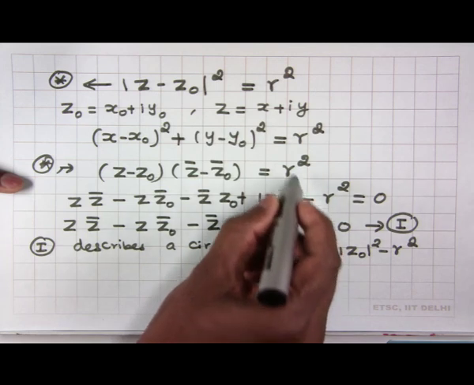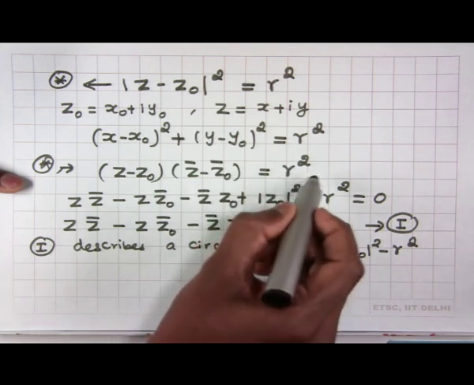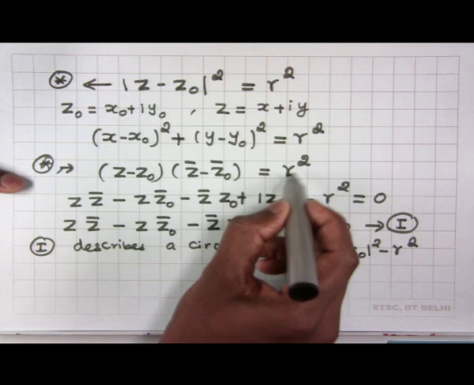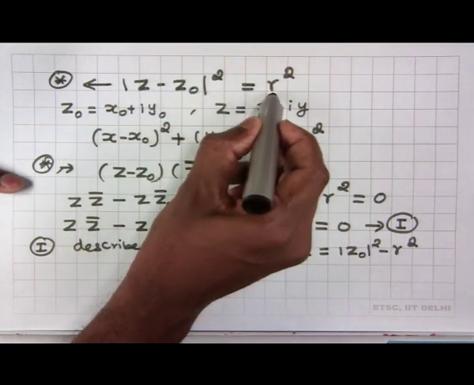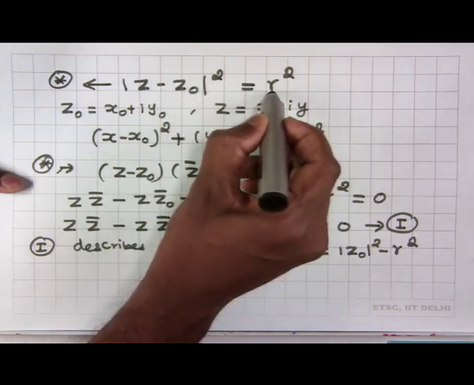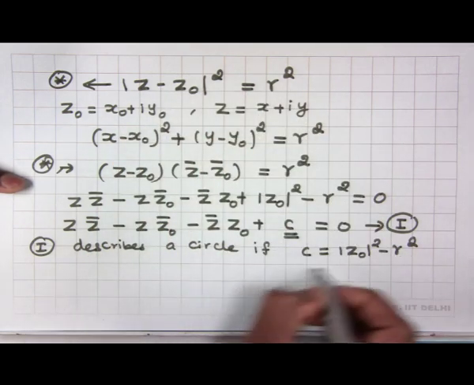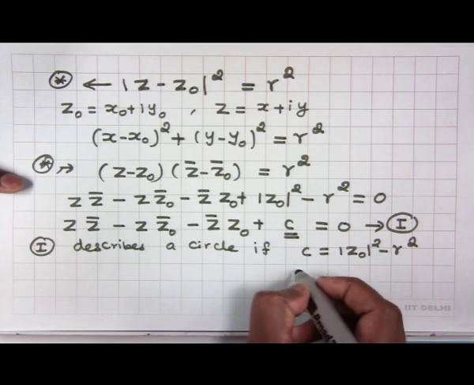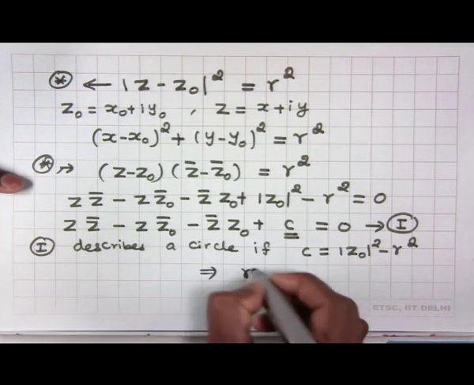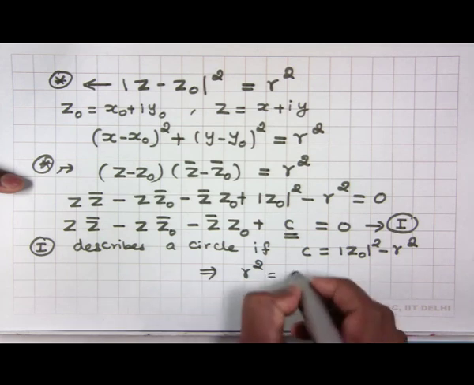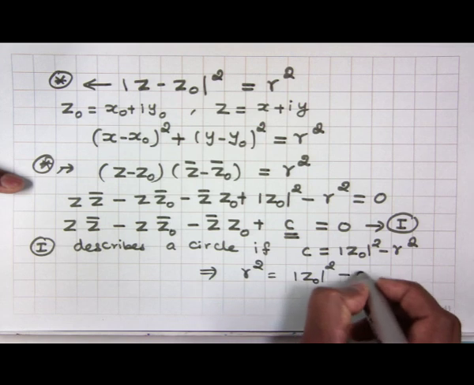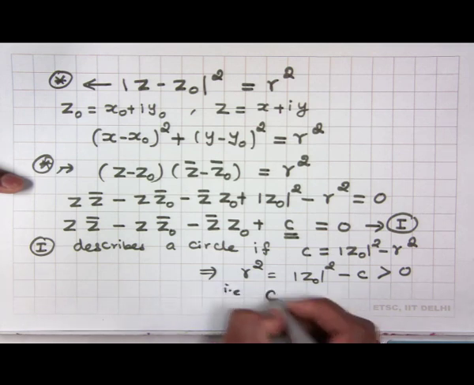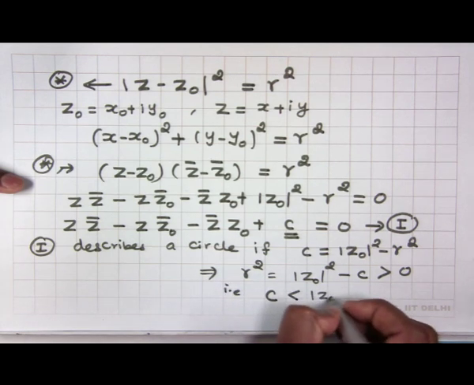Now, just tracing back, the only condition required to get the general circle with center z naught and radius r is that r square must be greater than 0. So, C is denoted by this expression, and r square is given by mod z naught square minus C. This must be greater than 0, that is, C is a real number less than mod z naught square.